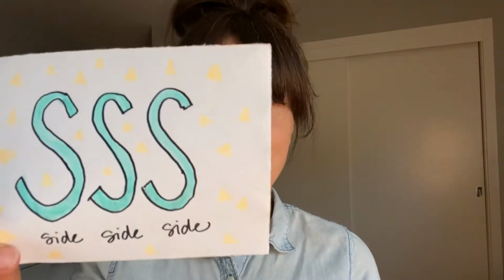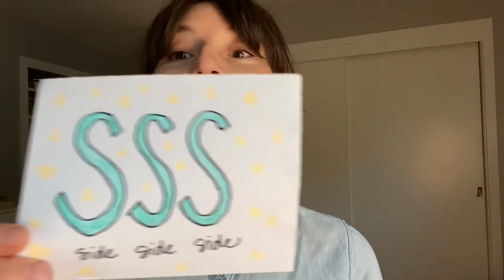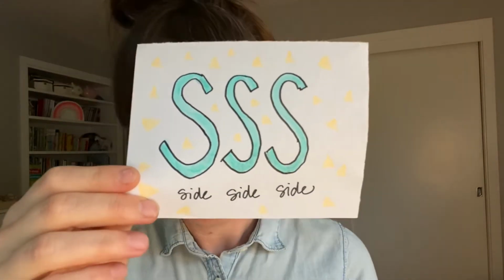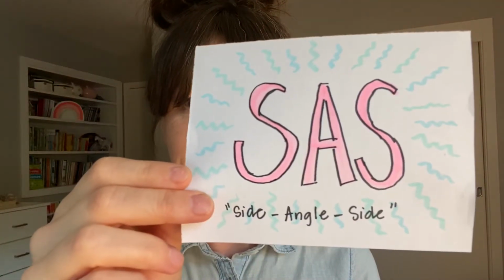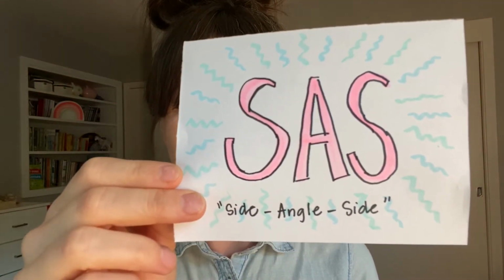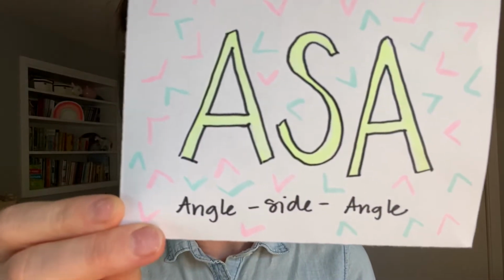So let's see. Did you write down side, side, side? Or second most popular one, maybe side, angle, side? You remember that? That's a fun one. Or if that one maybe sparked your memory of angle, side, angle, always a good one.